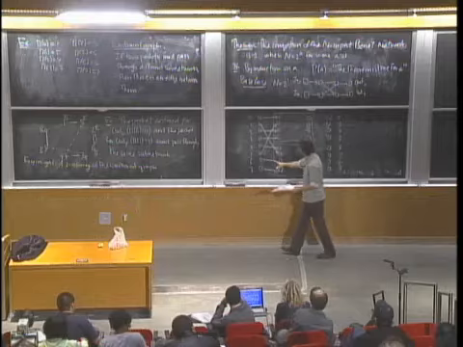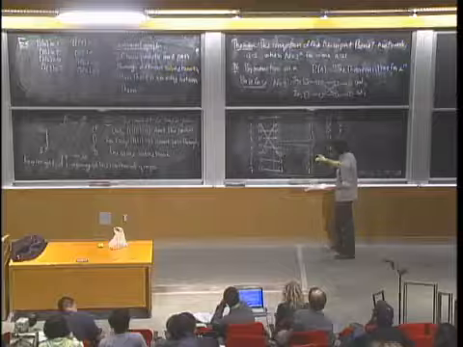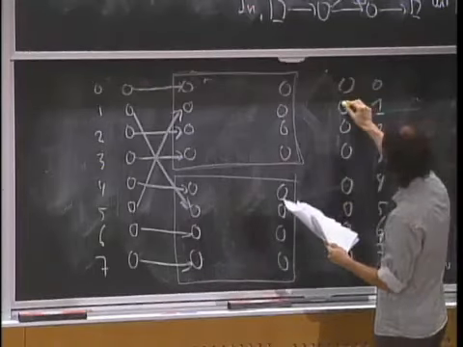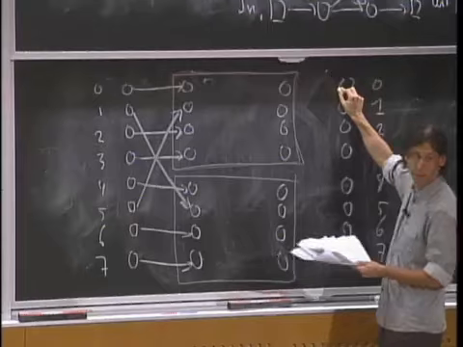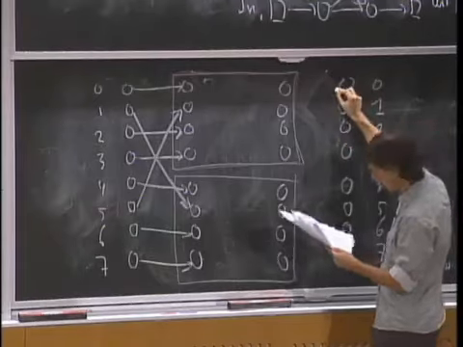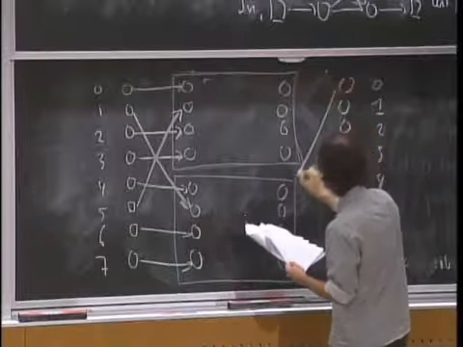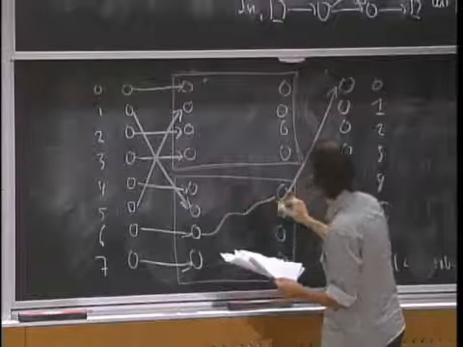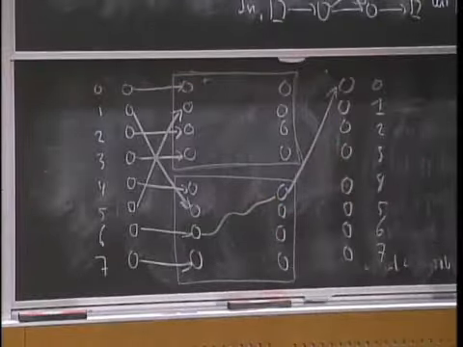So 6 was mapped into the blue network, and then it needs to be mapped to output 0. So it's only one edge that goes from the blue network to output 0, which is this particular one. And then somehow this one needs to be mapped to this one over here.